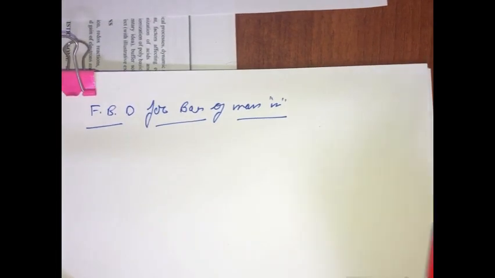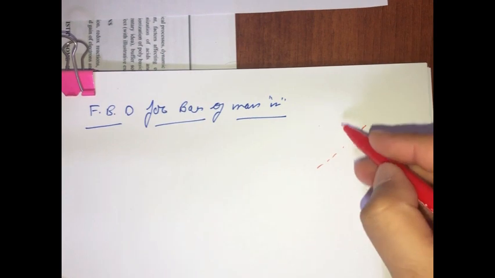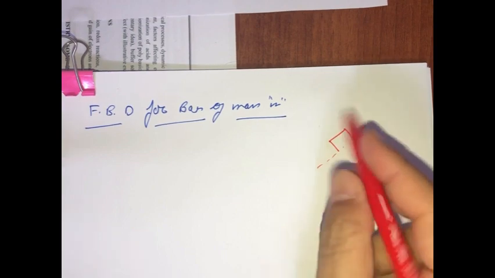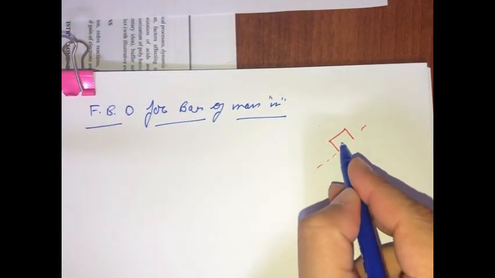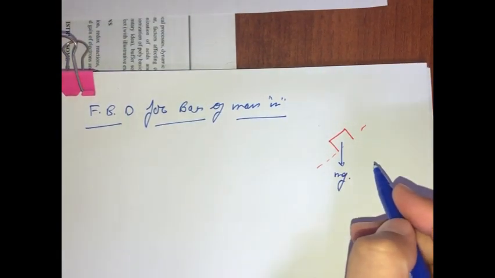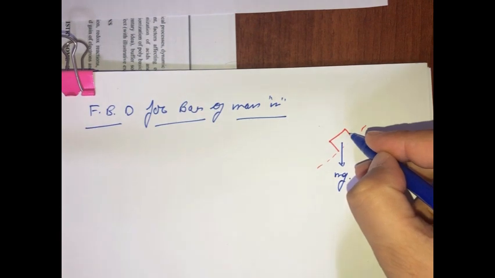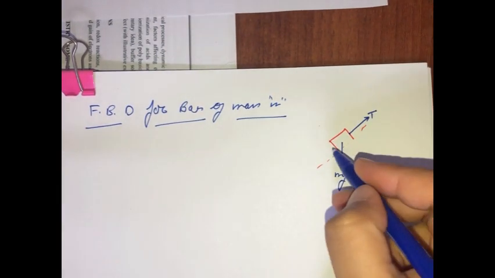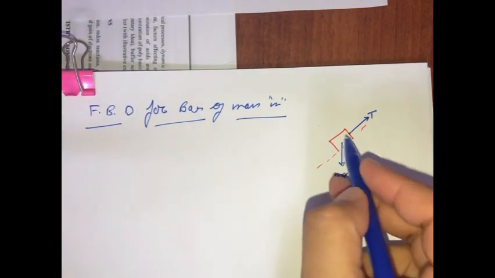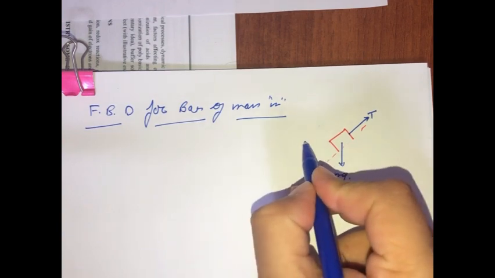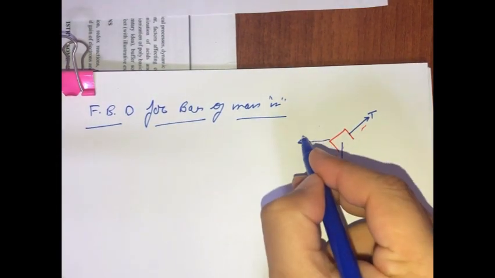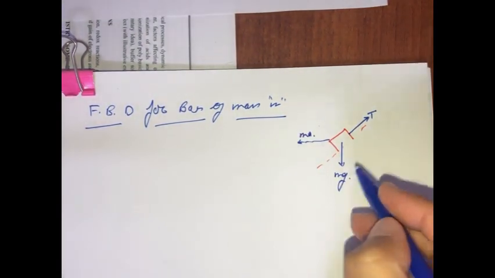So this is our inclined plane, and first of all it is going to have mg in the downward direction, okay, and the tension T, and we are going to have an acceleration in this direction also, and that will be given as ma. Okay.